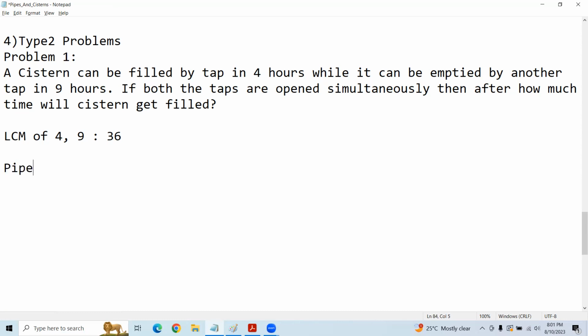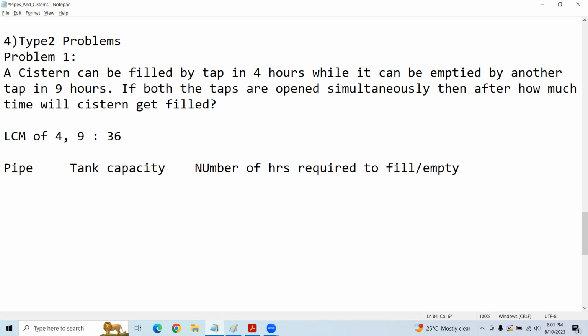Now let's look at pipe. Then we will look at tank capacity. Then we will see the number of hours required to fill or empty. Here we have one tank, with one pipe which is filling it, and one which is emptying it. And 1 hour speed.